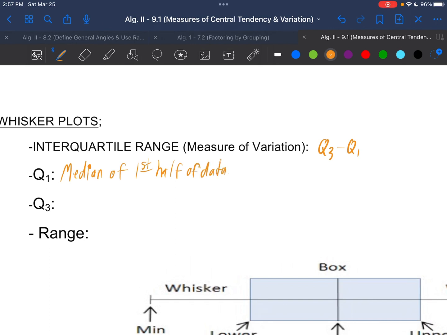So when the data is all laid out and you cut it in half, the first half, the middle number, would be the quartile 1. And quartile 3 is the same idea. It's just the median of the second half of data. So it's kind of like you're 1/4 through the data and you're 3/4 through the data, whereas the median would be halfway through. And our range is defined as the maximum number minus the minimum number.